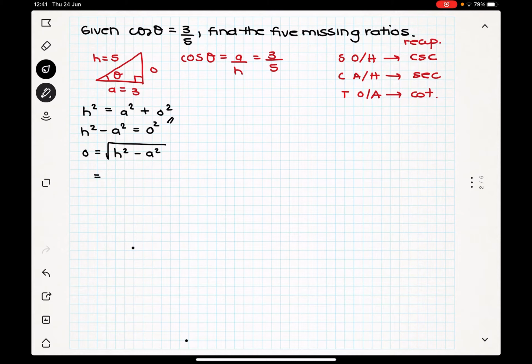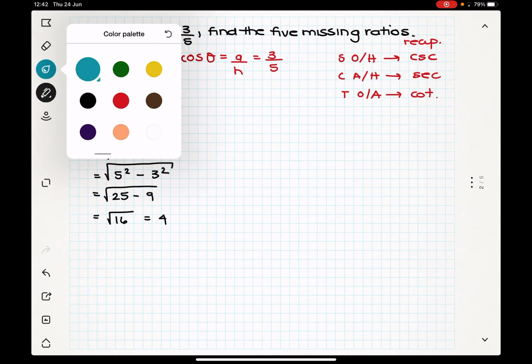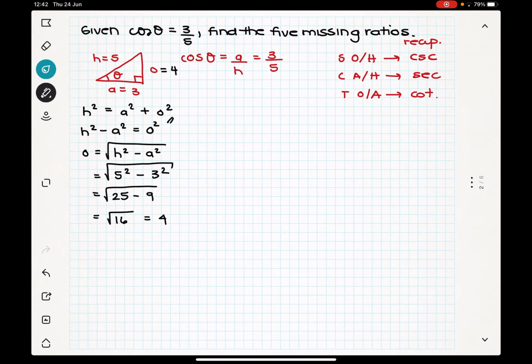So hypotenuse is 5 squared minus 3 squared, square root. I have 25 minus 9. This is the square root of 16, so this is 4. So my opposite is 4. So now the only thing that I need is to set up my trig ratios.